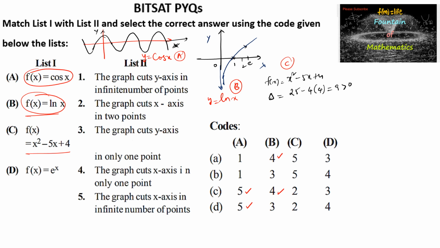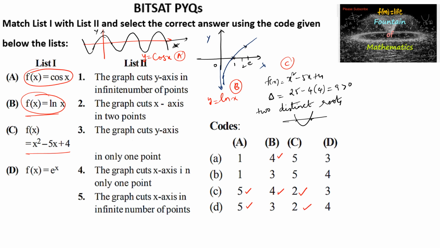We can say that there are two distinct roots, which indicates that the graph of this function will cut the x-axis at two different points. So graph cuts x-axis in 2 points, we can go with option 2. So for C, we can go with 2.